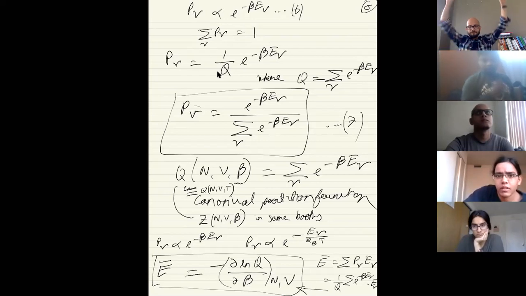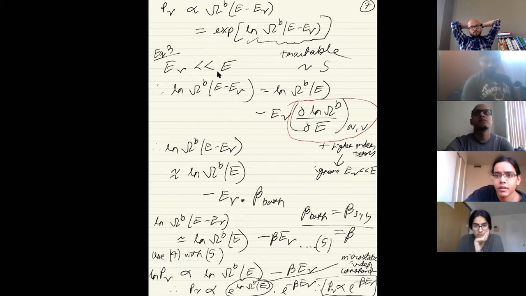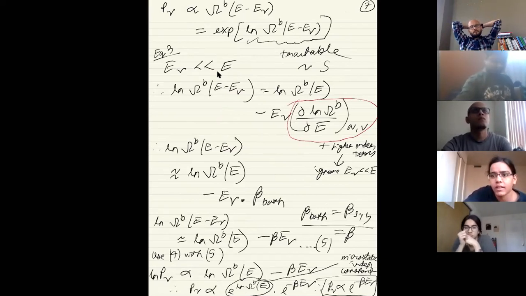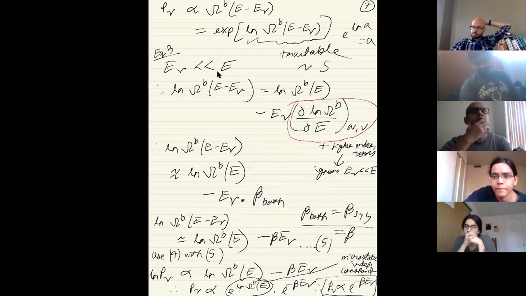I have a quick question. On the previous page, the first line is P nu is proportional to the number of microstates of the heat bath, but does the introduction of exponential and ln go away, so we don't have to introduce a proportionality constant? No, that is exact, right? Because e to the power log of a is equal to a.